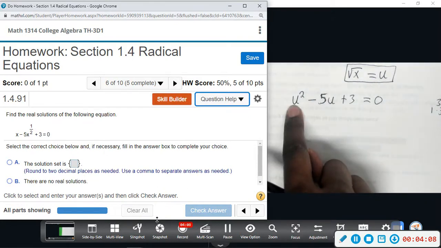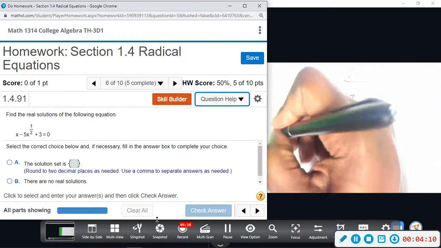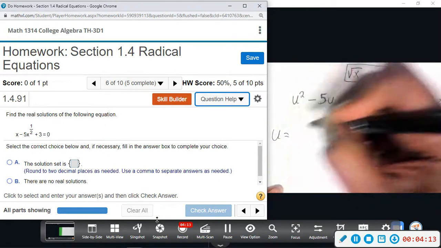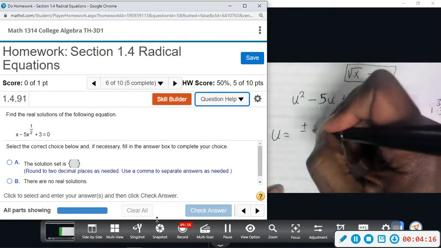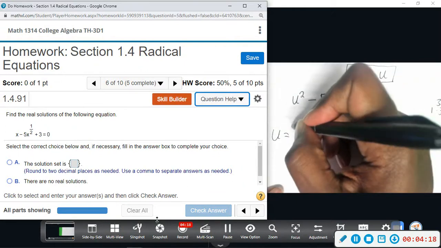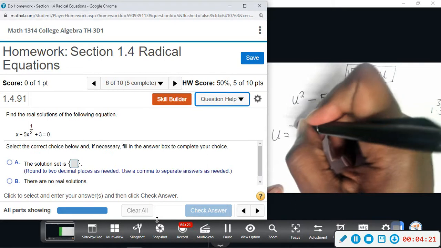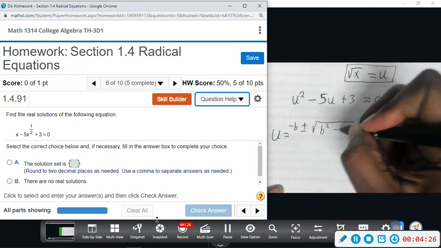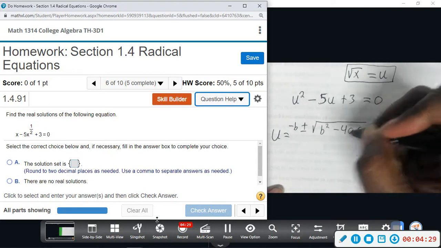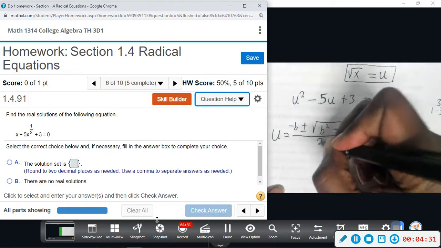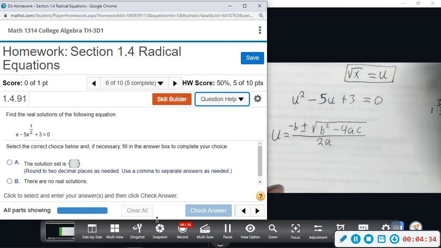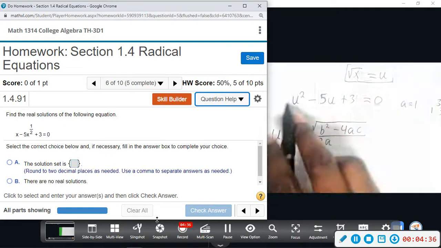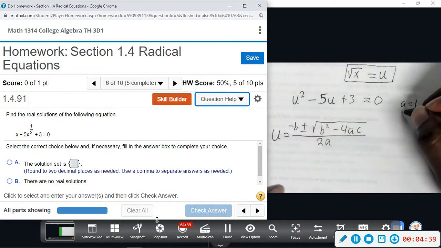Since I have a different variable U, we're going to say U equals negative B plus or minus the square root of B squared minus 4 times A times C, all divided by 2 times A. And in this case, A equals 1 out front, B equals negative 5, and C equals 3.